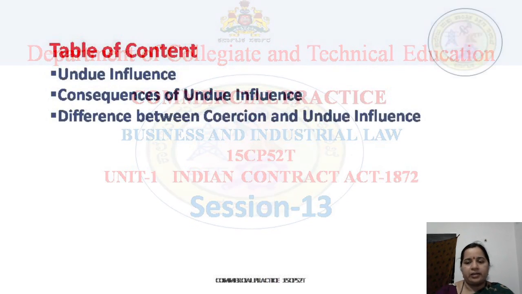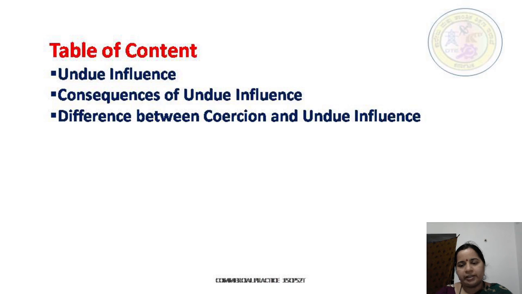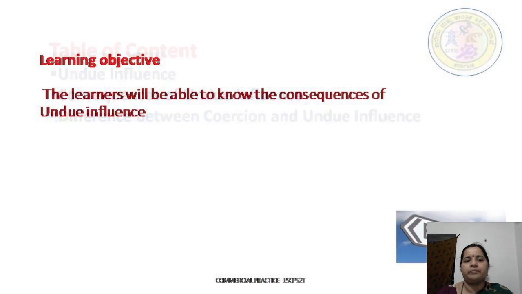In today's class, we are going to study another cause for flaw in consent, that is undue influence. We will also study the consequences of undue influence, and again learn the difference between coercion and undue influence.